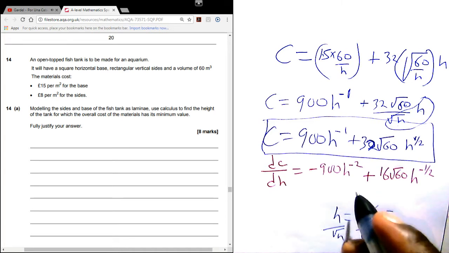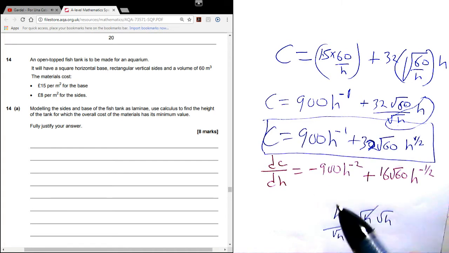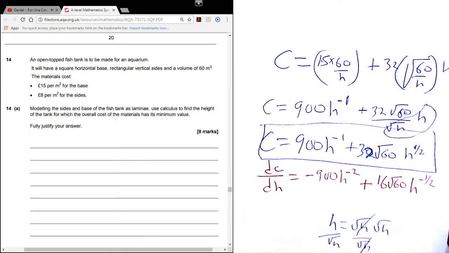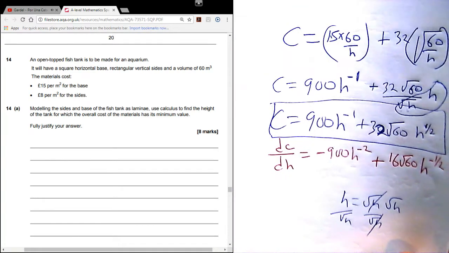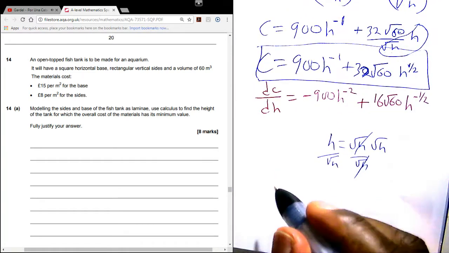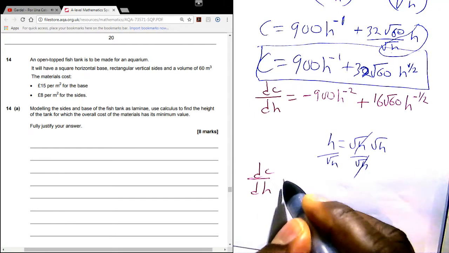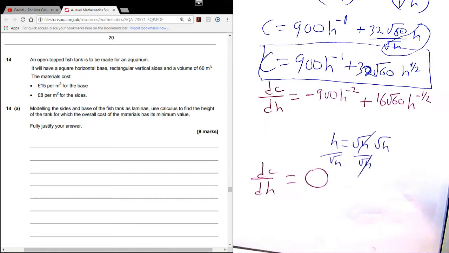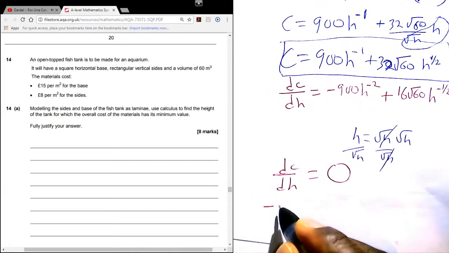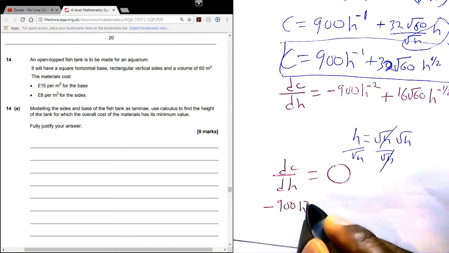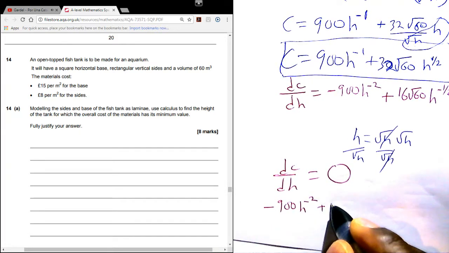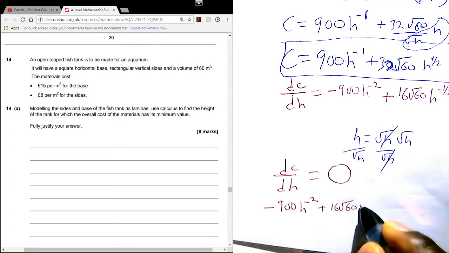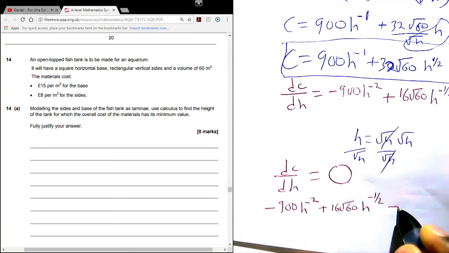Now that is the derivative of c with respect to height. In order to find the minimum point, we always equate the derivative to 0. So dc dh equals 0, and therefore negative 900 h to the minus 2 plus 16 root 60 h to the minus half is equal to 0.